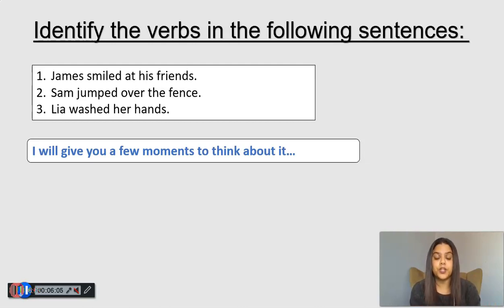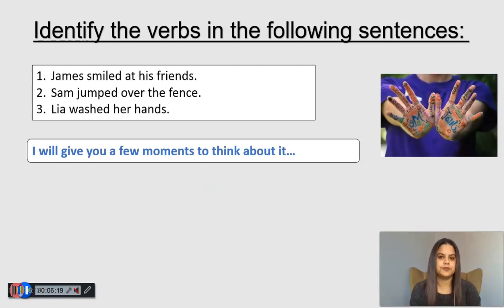But I would like to know that you are able to identify the verb in the sentence. I will give you about 10 seconds more and then we're going to move on.